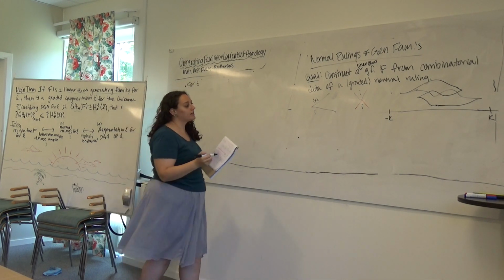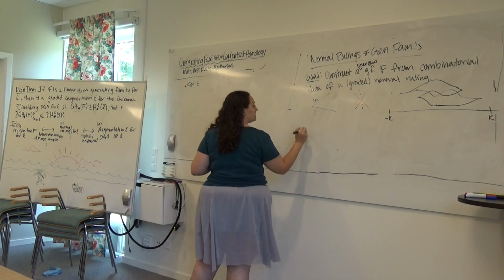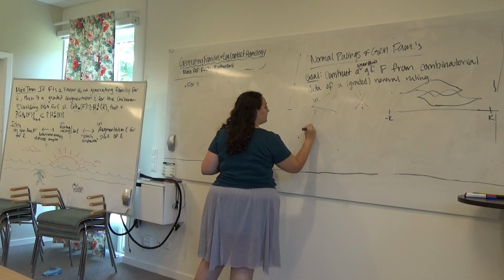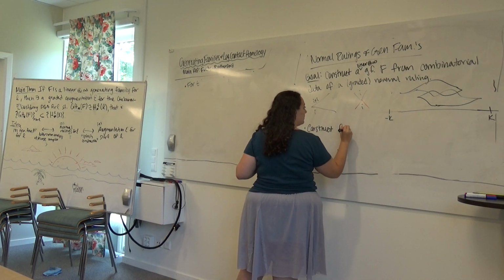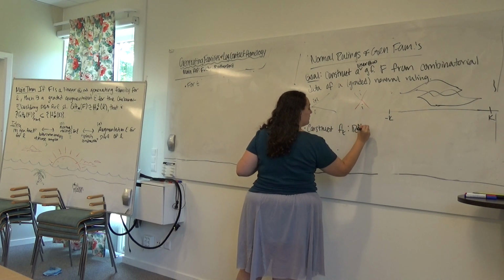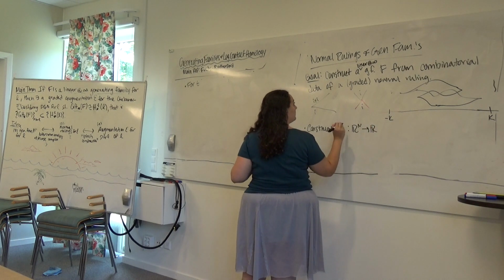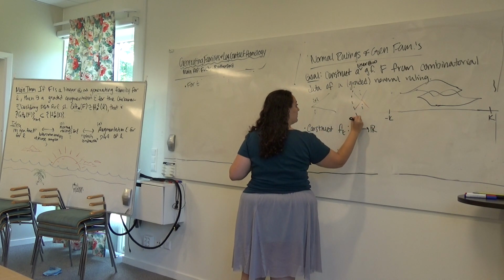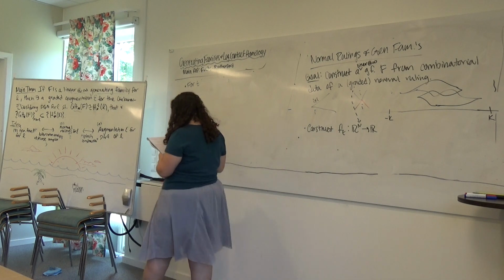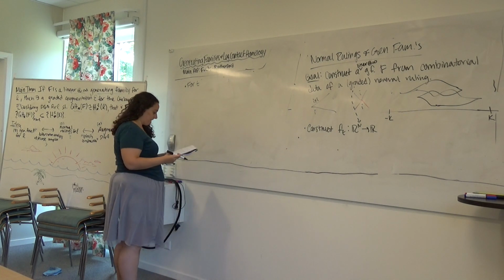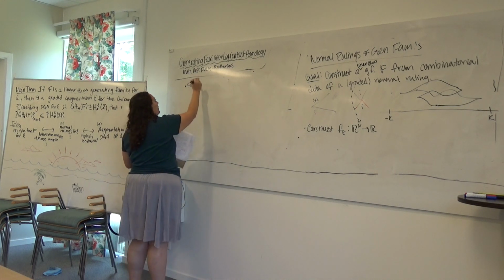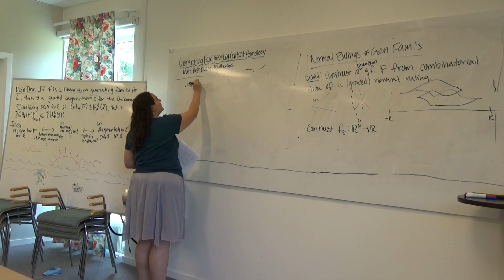So we're going to construct the F_t's. The grading gives you what that N is going to be. Again, it's up to shifts.